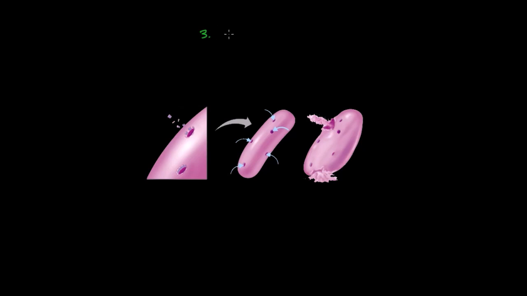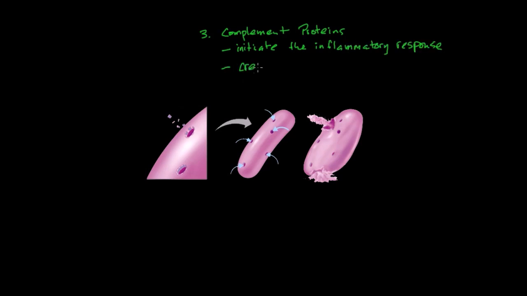The third type of chemical mediator are what we call complement proteins. There are a variety of complement proteins. Some complement proteins initiate the inflammatory response, and some complement proteins create holes or pores in cell membranes.